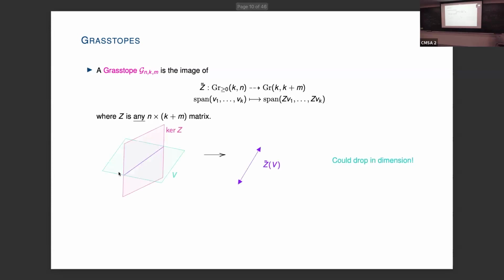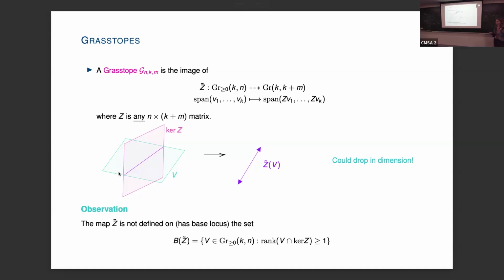When we take a vector space and map it in this way, I'm expecting to land in this Grassmannian k plus m, but it's possible that one of these vectors gets sent to 0, and then I won't get something of the correct dimension. This happens if my vector space has non-trivial intersection with the kernel of Z. Then my result will drop in dimension, which would make this map not defined on that point.